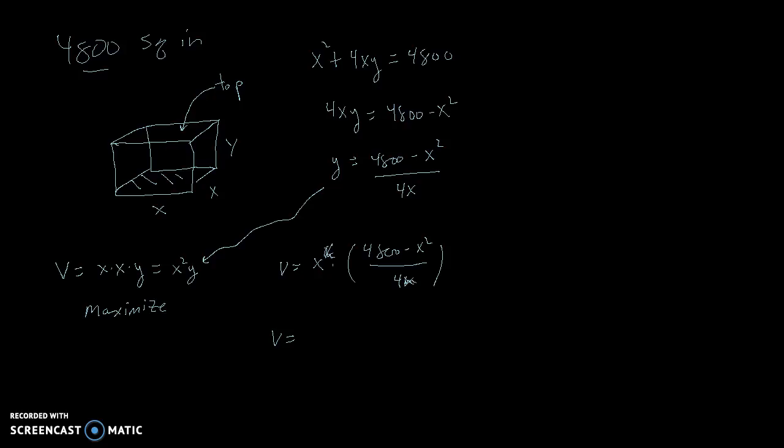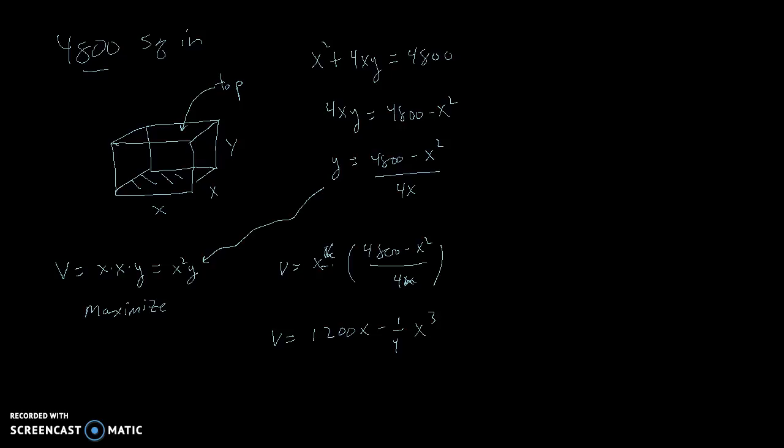And then if we distribute the x and simultaneously divide by 4, we'll get the following. 4,800 divided by 4 is 1,200 times that x, minus 1 divided by 4 is 1/4, and then x times x squared is x cubed. So our volume function is the cubic polynomial, 1,200x minus 1/4 x cubed.